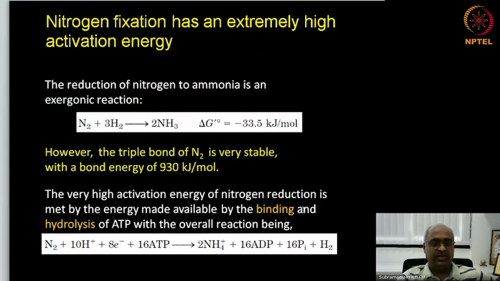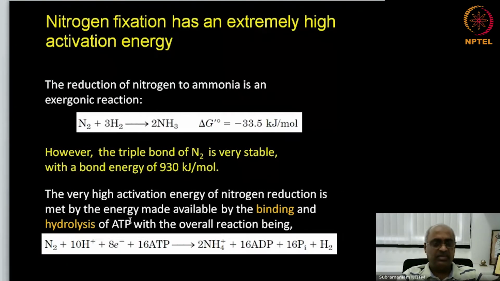Okay, so that reduces the reduction potential of the enzyme so that it can readily donate an electron. Okay, so electrons flow from molecules with low reduction potential to molecules with a high reduction potential. Okay, so electron affinity difference. That is one way by which ATP binding contributes to overcoming this activation energy barrier.